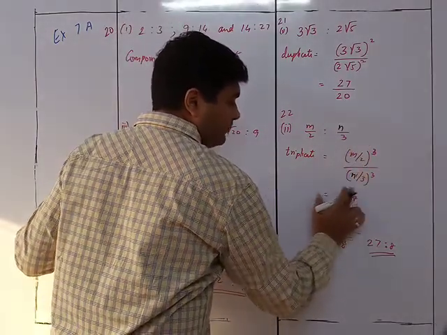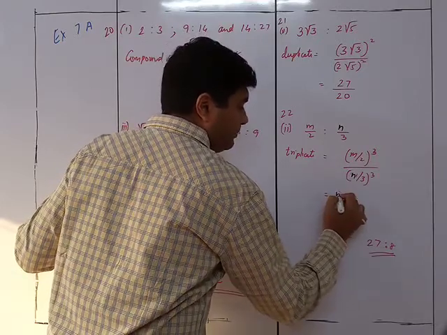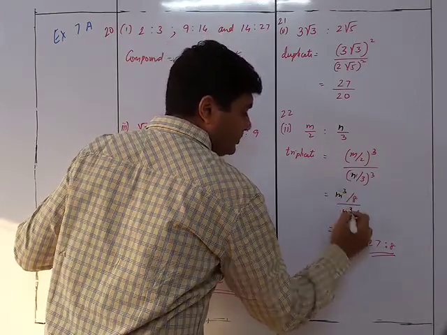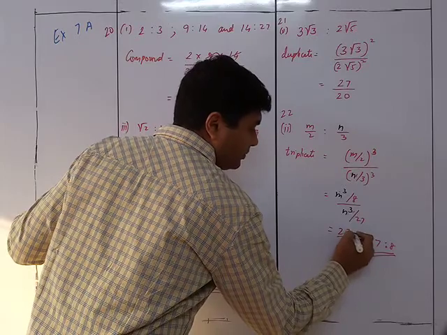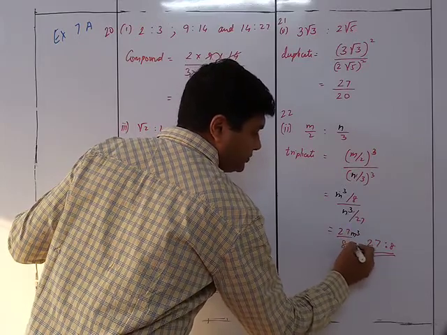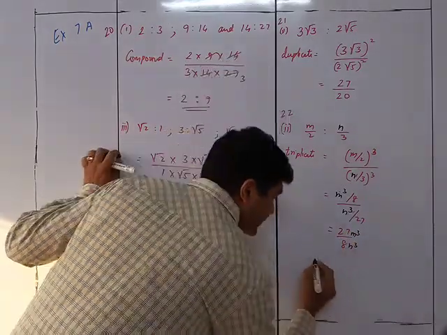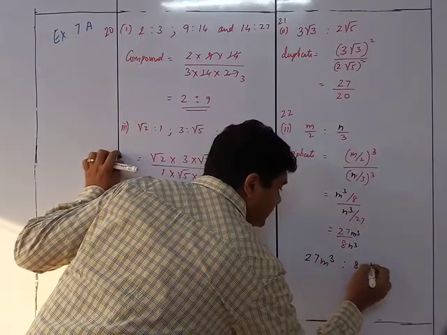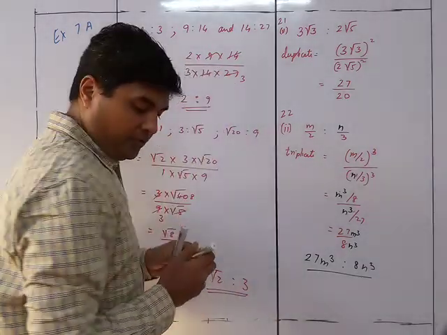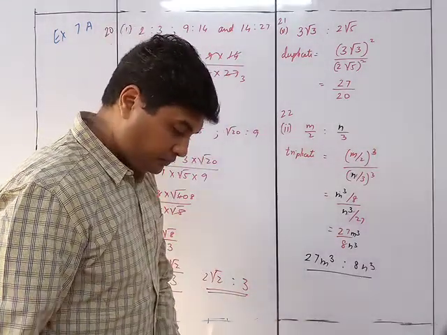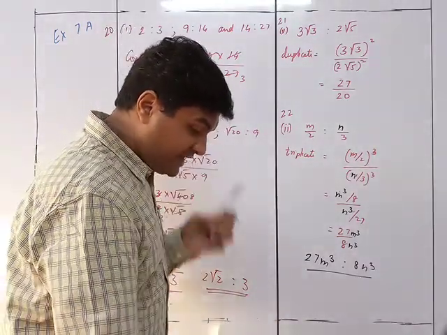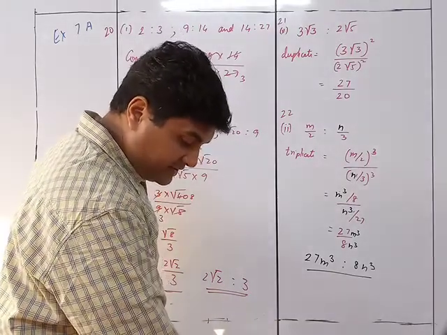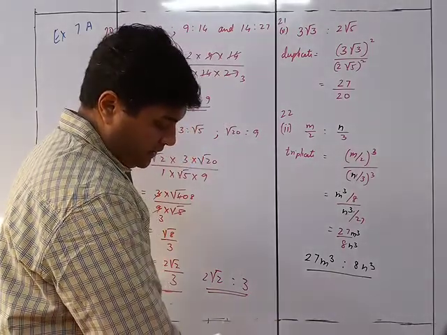So this will be m cube, n cube, m cube, n cube. So that will be given as answer as 27 m cube is to 8 n cube. That's the answer for sum number 22nd. Okay, 22nd is yes.